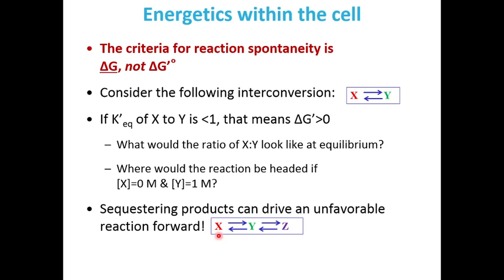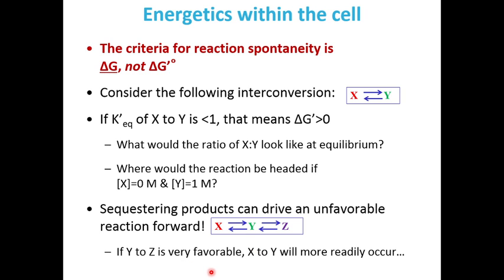Here, if you connect this reaction, X going to Y, to another reaction, Y going to Z, and if Y going to Z is favorable, then X will indeed get converted to Y. So if Y to Z is very favorable, X to Y will more readily occur.